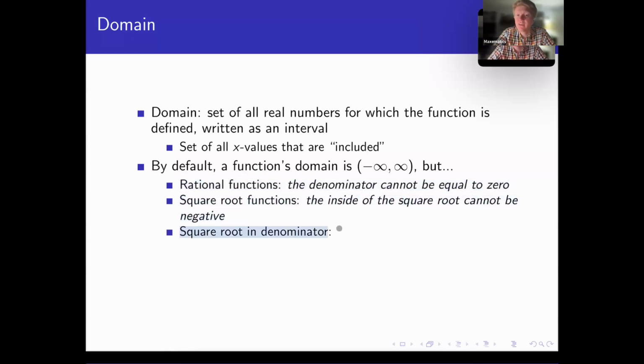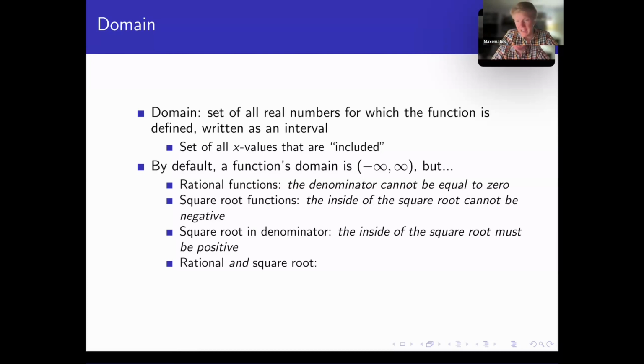This third bullet, though, is a nice combination of them. Well, we just said square roots. The inside of a square root can't be negative. So that means it can be 0 and it can be positive, but if it's in the denominator, it also can't be equal to 0. So long story short, inside must be positive, not just negative, must be positive. So it can't be 0, it can't be negative, it has to be positive.